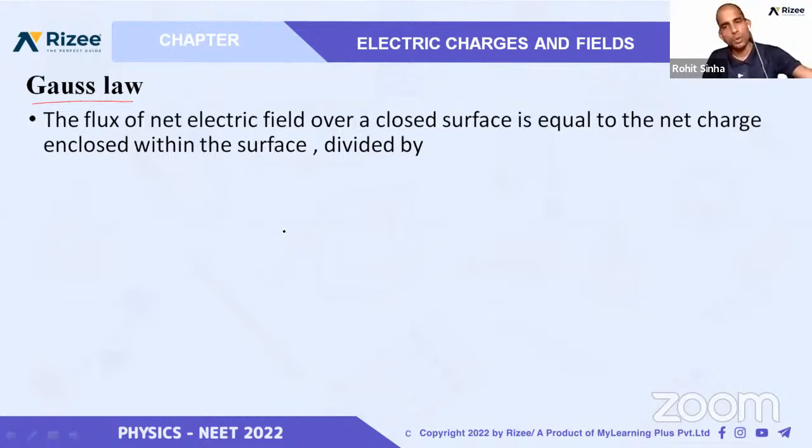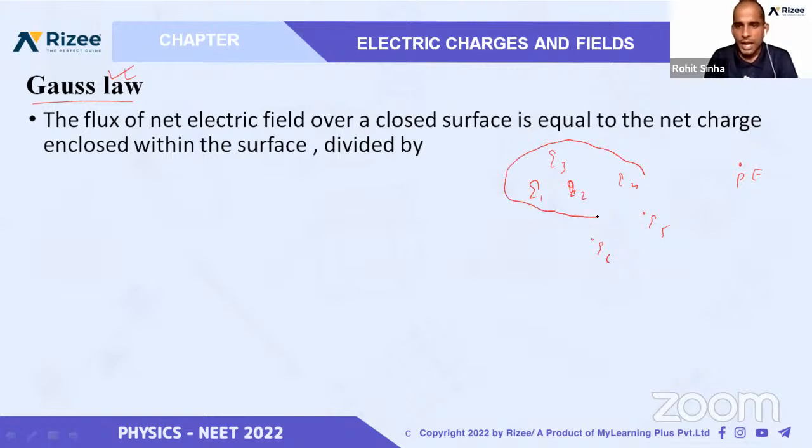It is a very important topic, Gauss law. Lots of questions come from here. What does Gauss law tell us? Suppose we have charges Q1, Q2, Q3, Q4, Q5, Q6 like this, and we have to find the electric field at any point, let us suppose point P. Gauss told that for this you have to draw some surface, any surface of your choice.